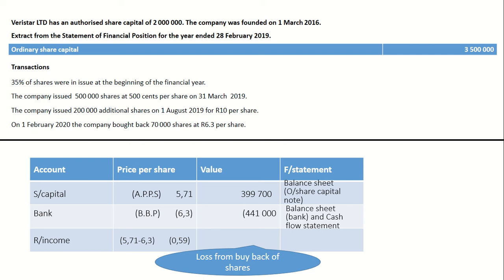In this case, we made a loss of 0,59 per share that was bought back, and there were 70,000 shares that were bought back, and that means we made a loss of 41,300. This loss will be taken to retained income, and it will reduce the value of our retained income. Please, guys, listen to this video, replay it as many times as you can.